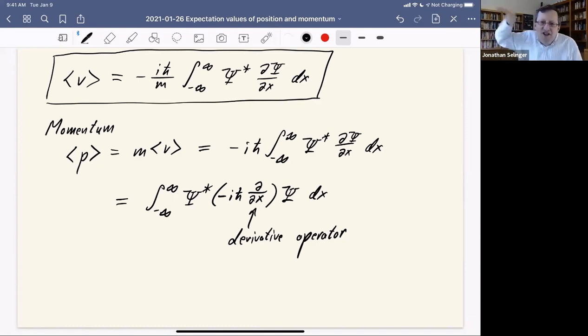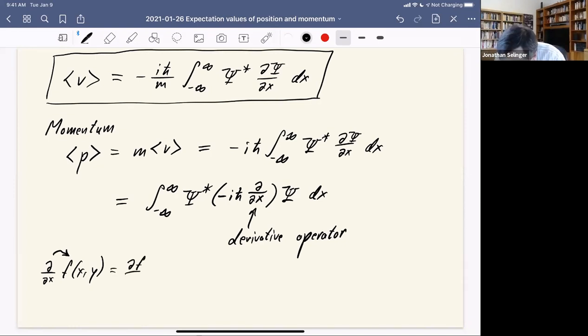It operates on the thing that it sees at its right. So when you have d by dx acting on some function f of x and y, the operator operates on the f and gives you df dx.